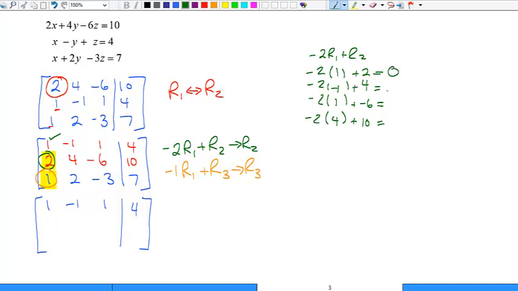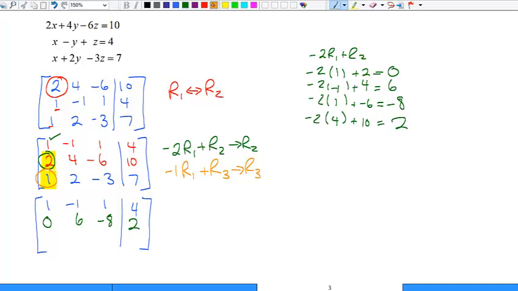Negative 2 plus 2 is 0. 2 plus 4 is 6. Negative 2 plus negative 6 is negative 8. Negative 8 plus 10 is 2. So for my second row, I should have 0, no big surprise there. That's what we were trying to have happen. 6, negative 8, and positive 2.